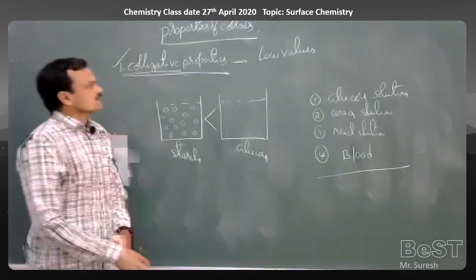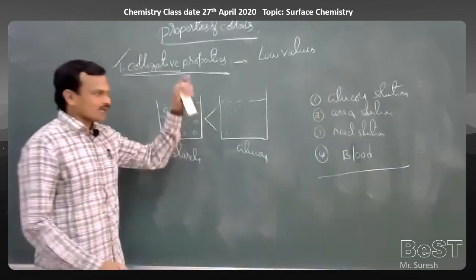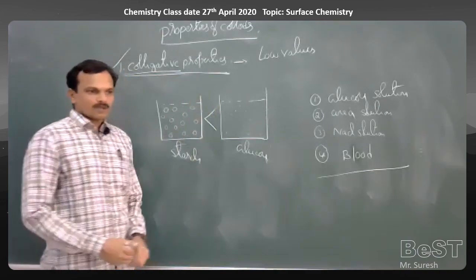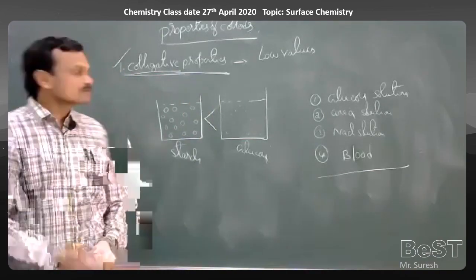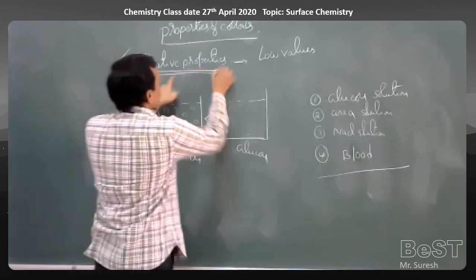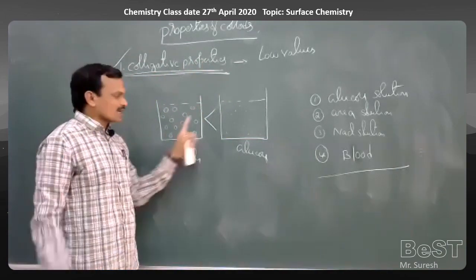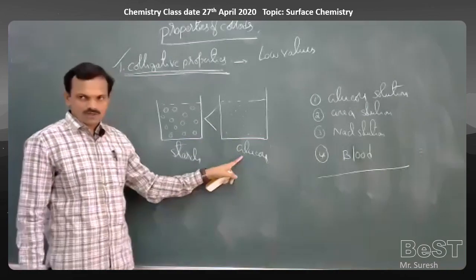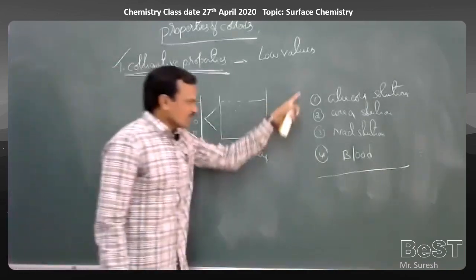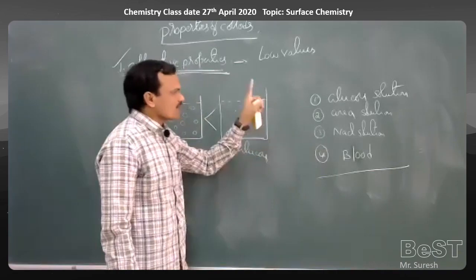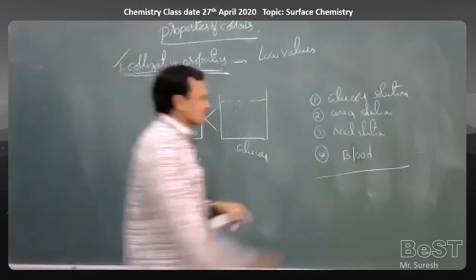Suppose out of these four solutions, which has the lowest colligative property? As we discussed, colloidal solutions have lower colligative properties compared to true solutions. Now compare these solutions. Among these, which are true solutions and which are colloidal solutions?